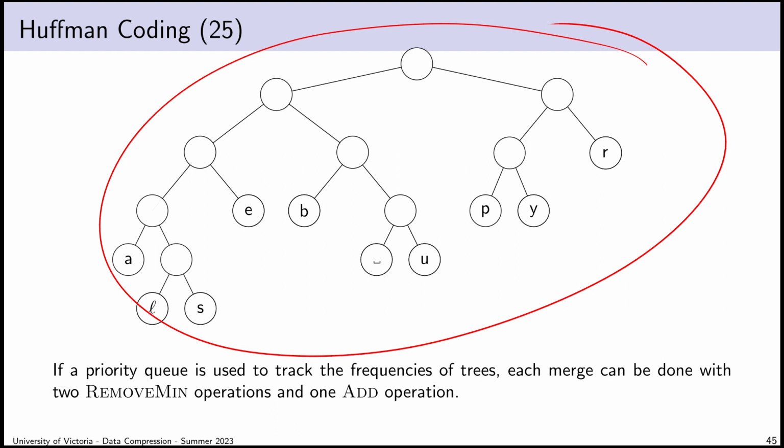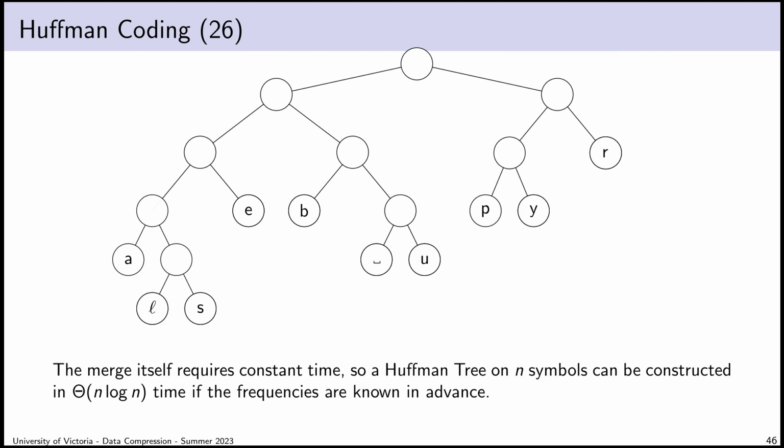If I want to do a merge, I call remove min on my priority queue twice to pull out the two trees with the lowest frequency. I merge them together, and I call add to throw the resulting tree back into my priority queue. If I do that, then as long as I know the frequencies, I can perform Huffman coding in n log n time.